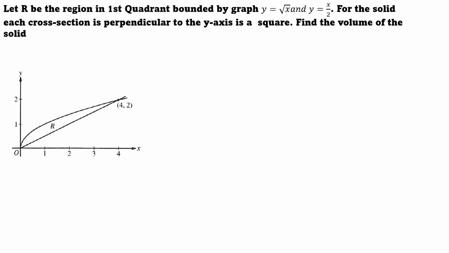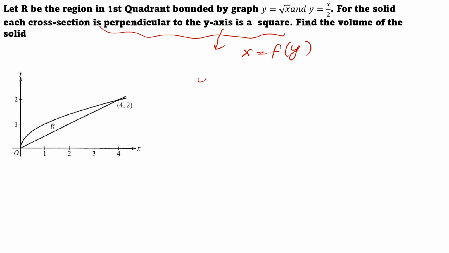So in the next question, again they are asking that the cross section perpendicular to the y-axis is a square, not x-axis, y-axis. Whenever it is the y-axis, we know that the equation should be written in the form of x equals f of y.